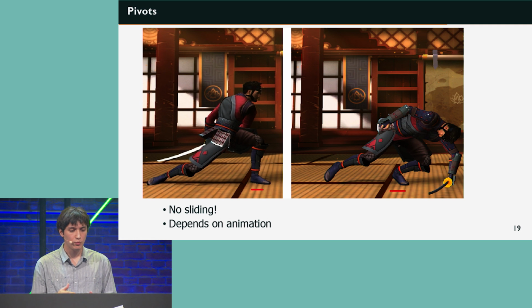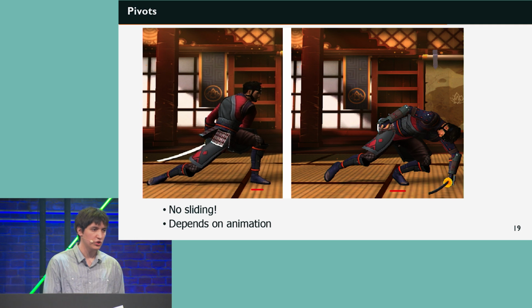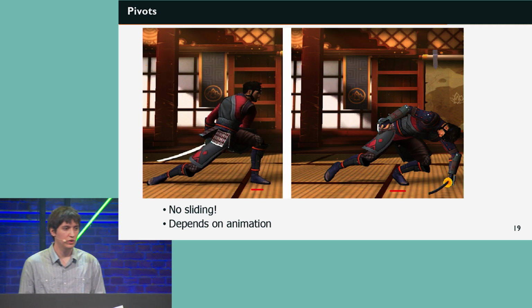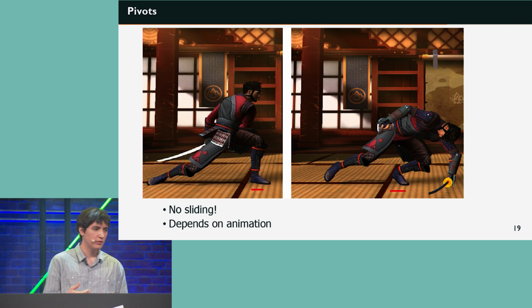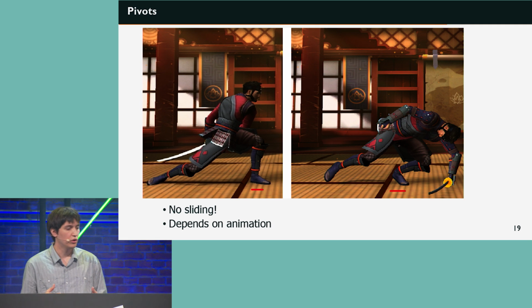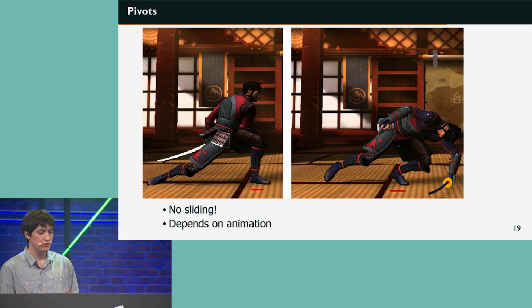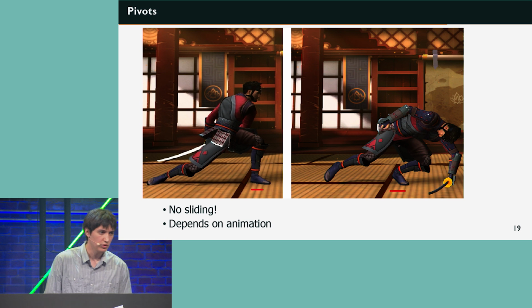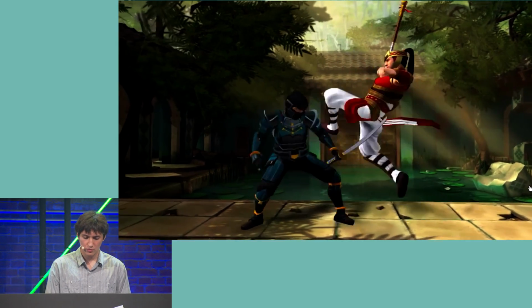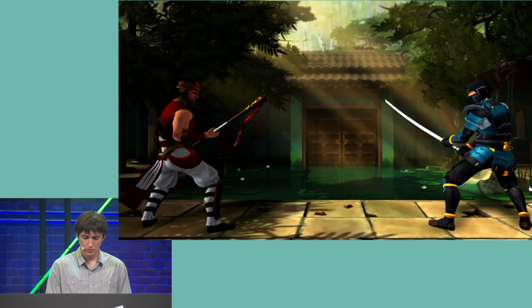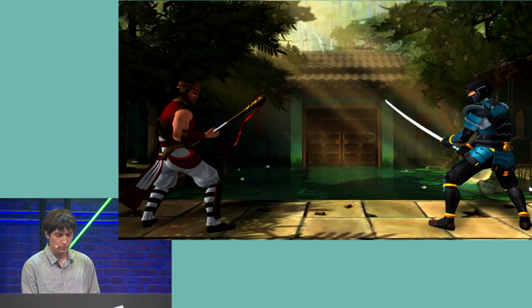These pivot points are different for each animation, and they are stored. There is a setting file for all the animations, and the information about which pivot point is used for each animation is stored there. Let's see some transitions between animations. So that's basically how it looks.